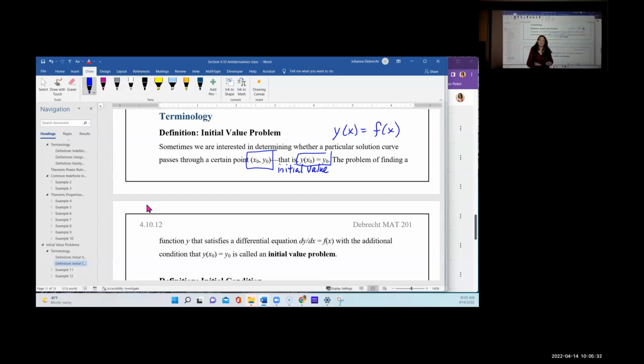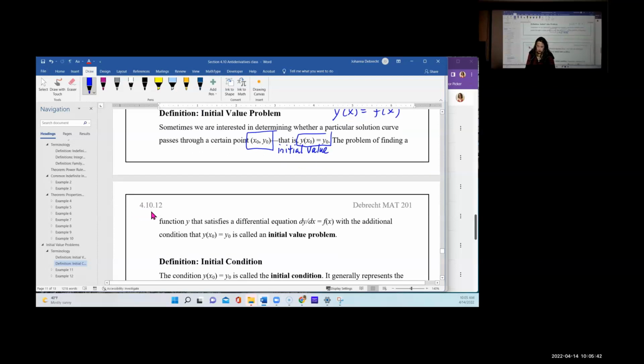In differential equations, it's more common to use y as the variable than it is to use lowercase f. This is called an initial value problem. When you know something about the derivative and you know an initial value, it's called an initial value problem.